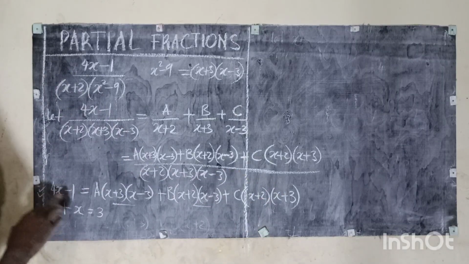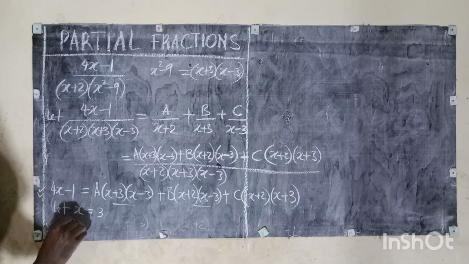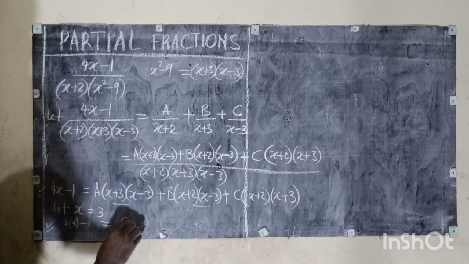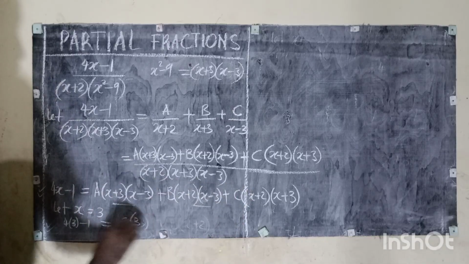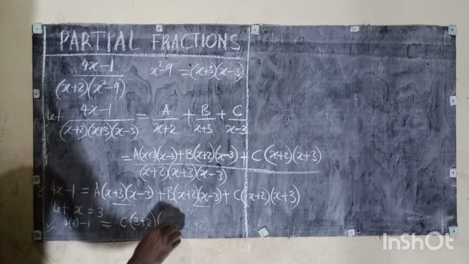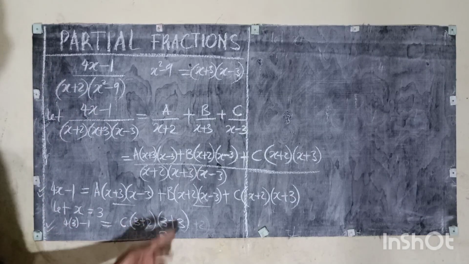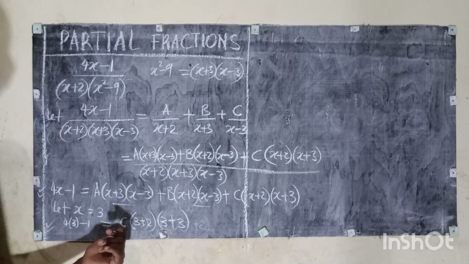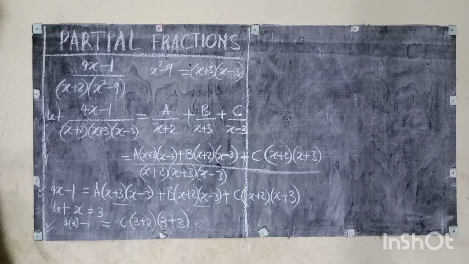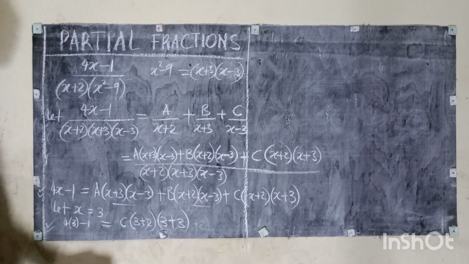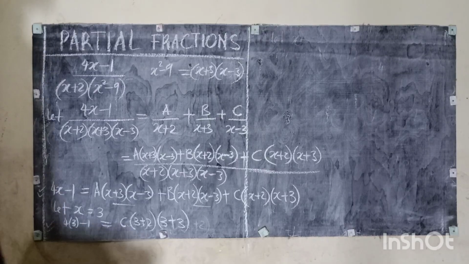So x being 3, I substitute it there: 4(3) - 1 is equal to C into (3 + 2)(3 + 3). You realize this equation has C as the only unknown, so you get C. You let another value of x, you get another unknown. After you conclude, this is our answer. So that is it.